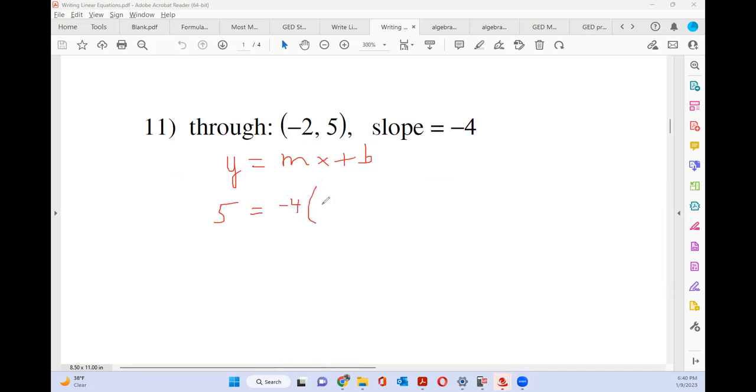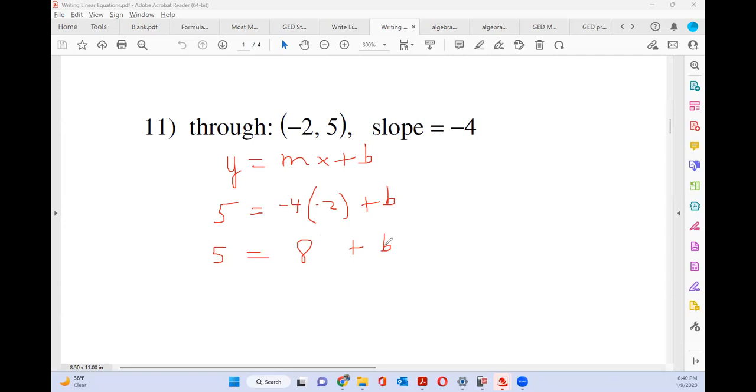What's my x? -2, plus b. I'm going to bring down my 5, bring down my equal. What is -4 times -2? 8, plus b. Remember, 2 negatives make a positive when you're multiplying or dividing.